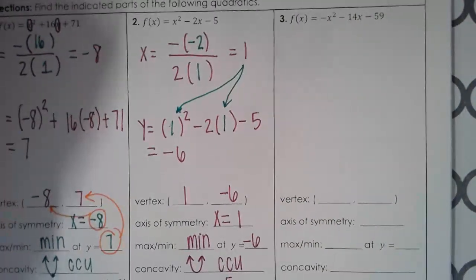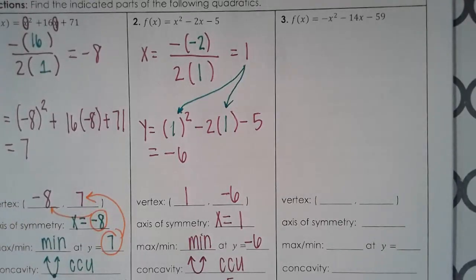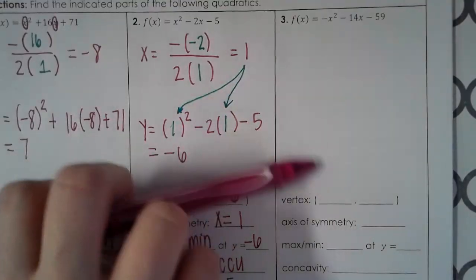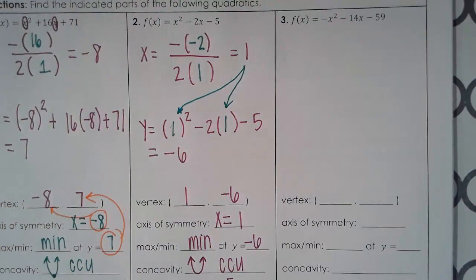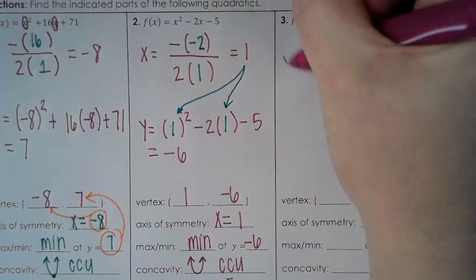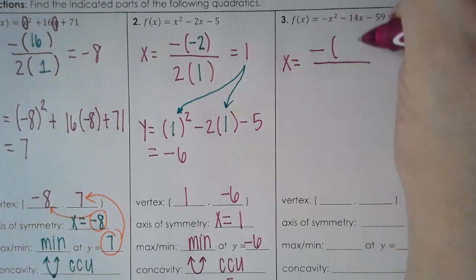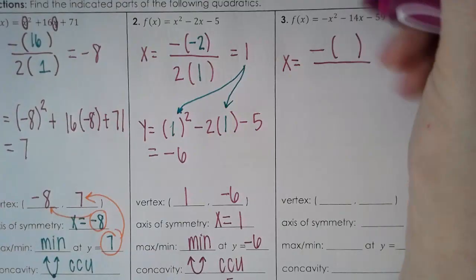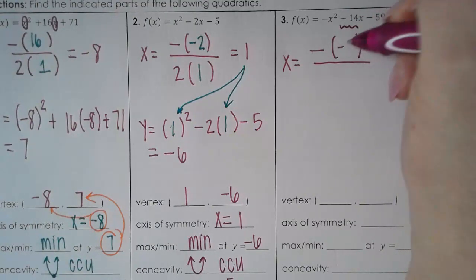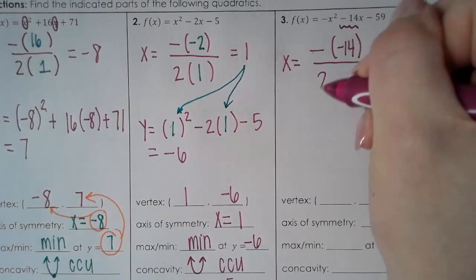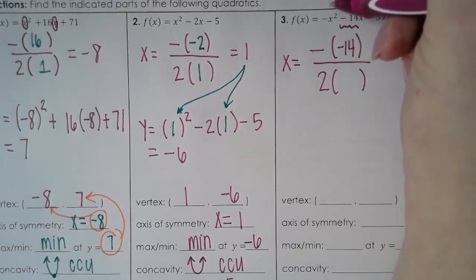All right, and then number 3, I'm going to do this one kind of with you. I'm really going to get the vertex with you because it can be tricky. So x equals negative, and then in parentheses is my b, which is -14, over 2, and then my a.